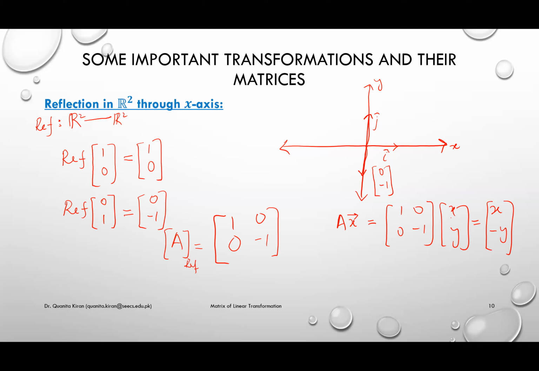So basically this is the general formula of reflection, that if A, the reflection transformation, is applied on (x, y), then it gives us (x, -y). So this is the general formula.